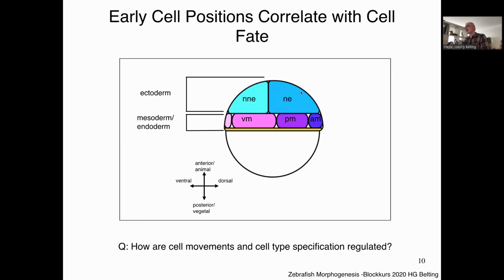This is becoming the neuroectoderm, and this is the non-neural ectoderm, like the epidermis. So we know now how cell movements explain the fate map, but the question is also, how are the cells specified in a molecular fashion? What makes a brain cell, what makes a ventral mesoderm cell, and so on.